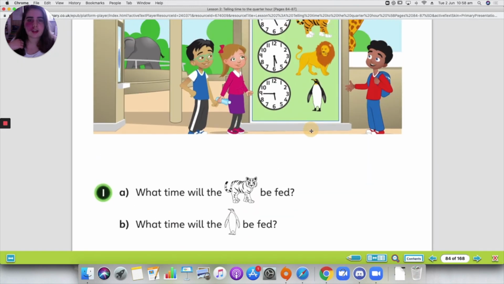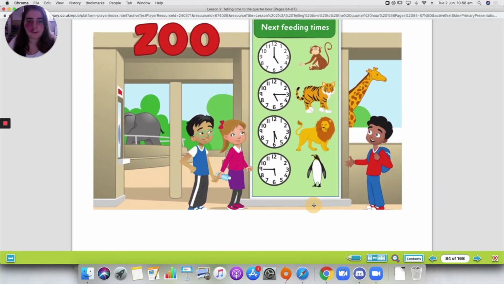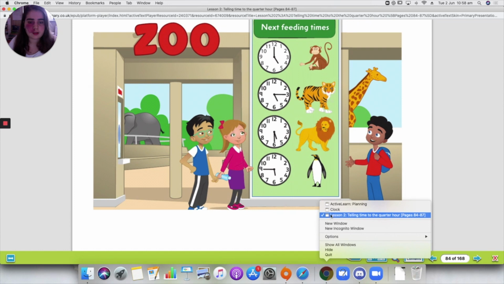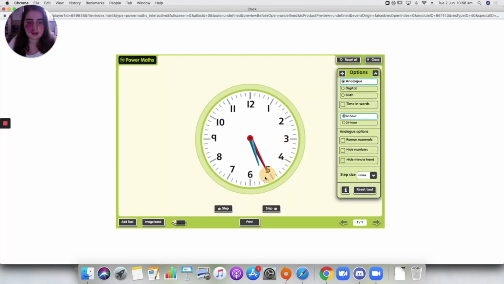What time do you think the penguins will be fed? This time our minute hand is pointing at the 9. So that means it's moved 3 quarters around our clock already.